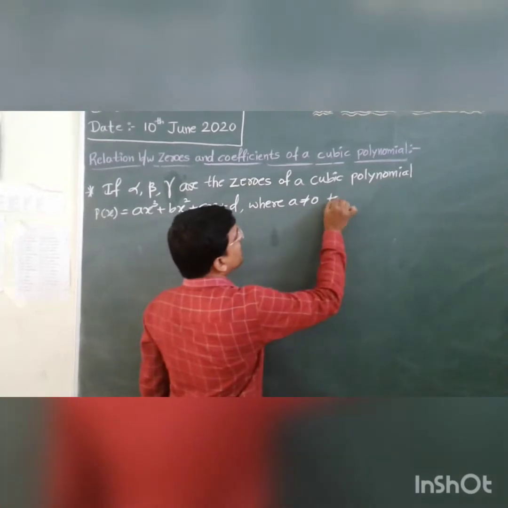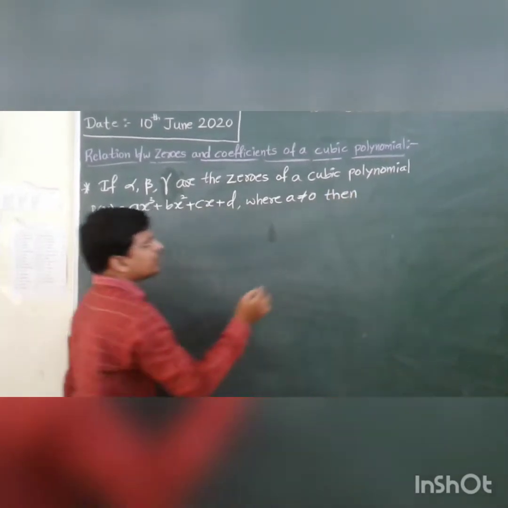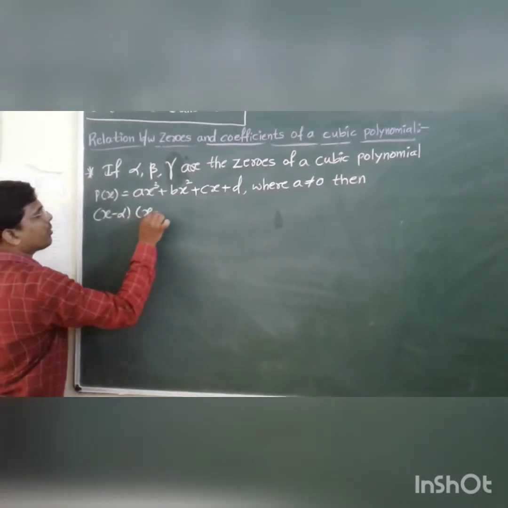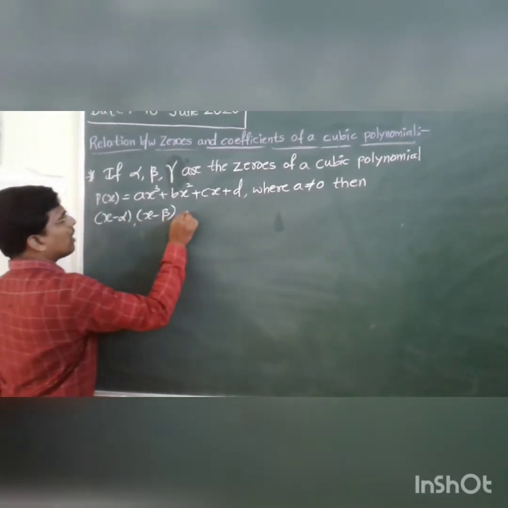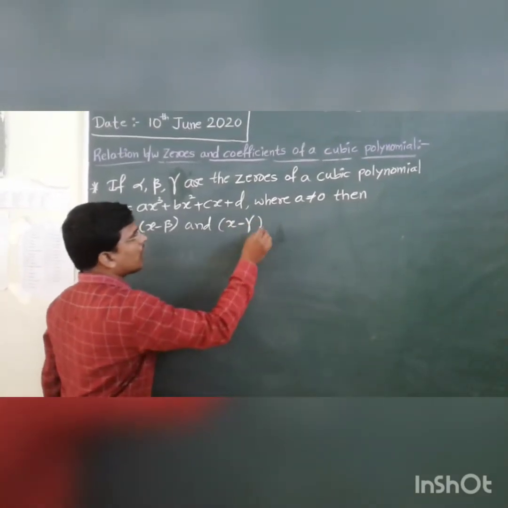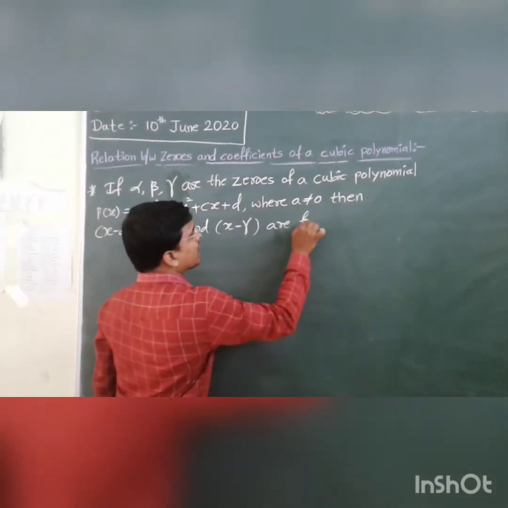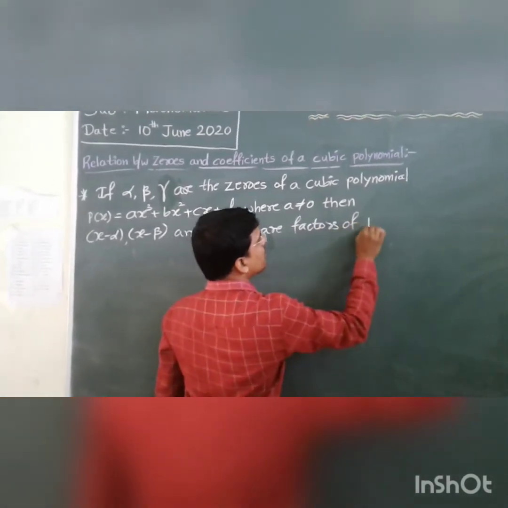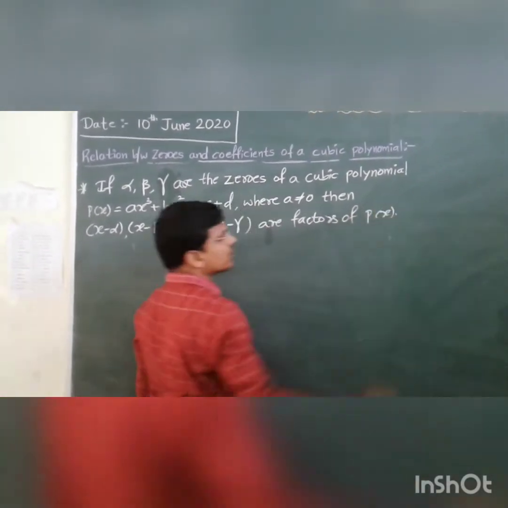Then x minus alpha, x minus beta and x minus gamma are factors of P of x.